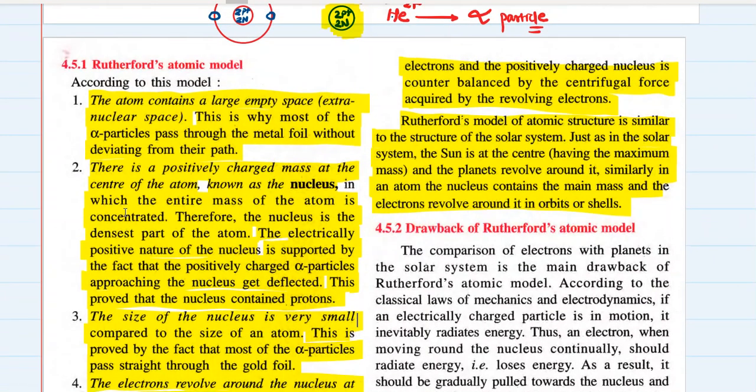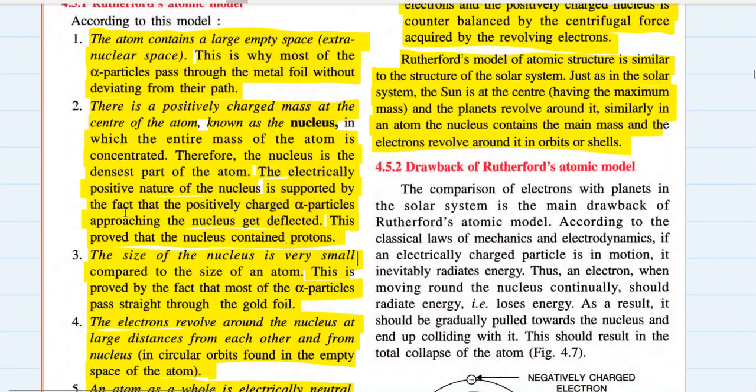Now, in Rutherford's atomic model, there are some drawbacks. As I understand, he did not talk about neutrons, right? That was the first drawback. In his model of an atom, in the nucleus, there were only protons, no neutrons. He did not talk about it. He did not know about it, maybe.